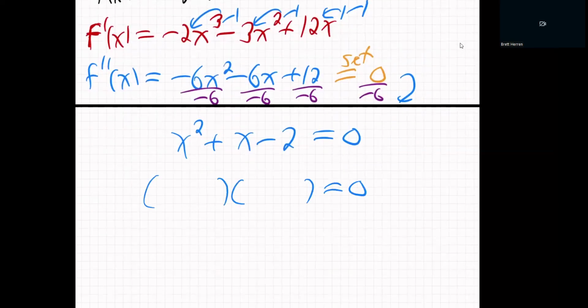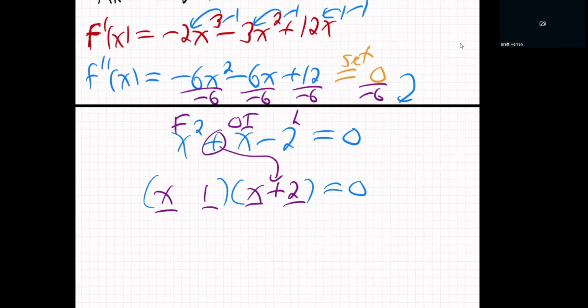Remember how factoring works? FOIL: front times front to make front, that's x times x. Last times last to make minus 2: 1 times 2. The sign in the middle always goes to the bigger one. Plus 2 minus 1 makes plus 1 in the middle, and they multiply to be negative 2.